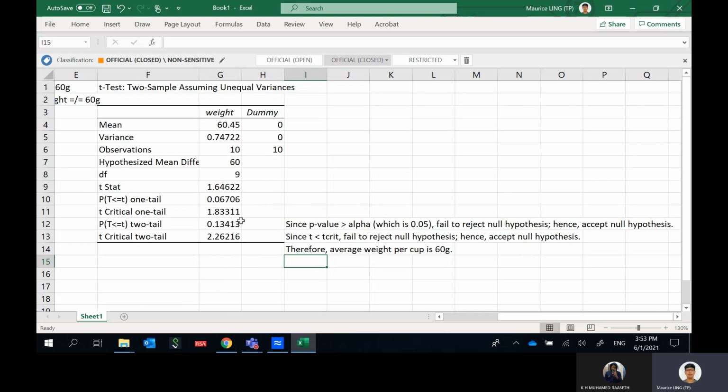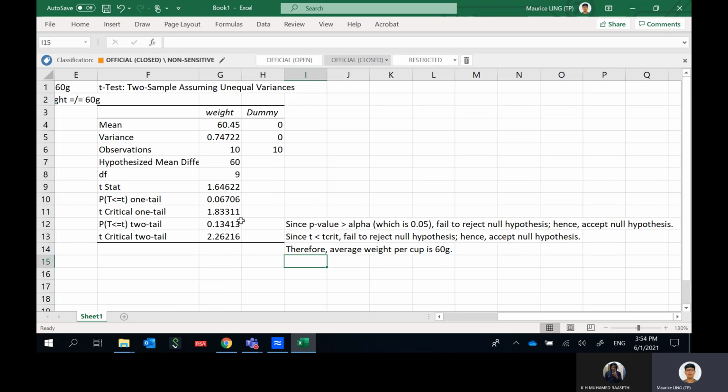So the 99% you mentioned, yes, you can actually increase it. If let's say it's one tail, it will also pass, right?